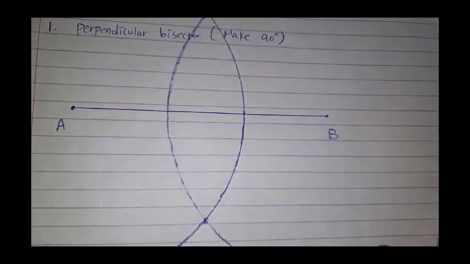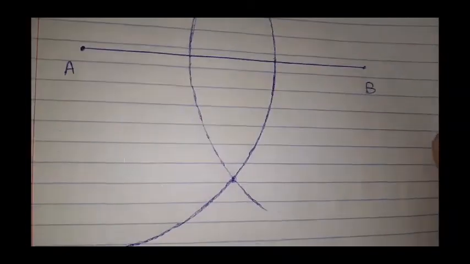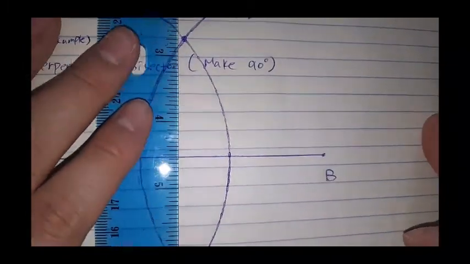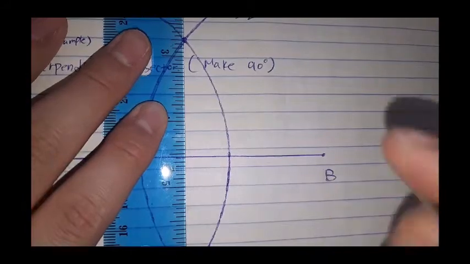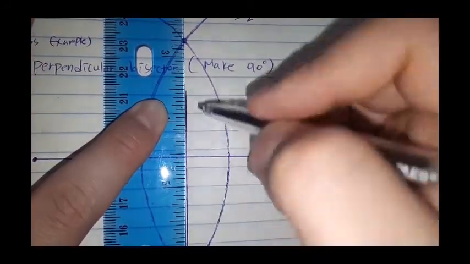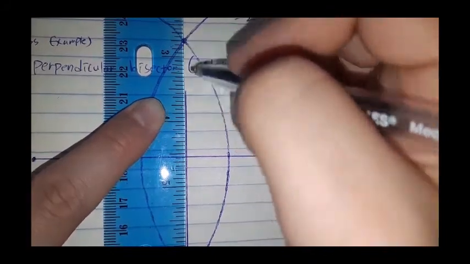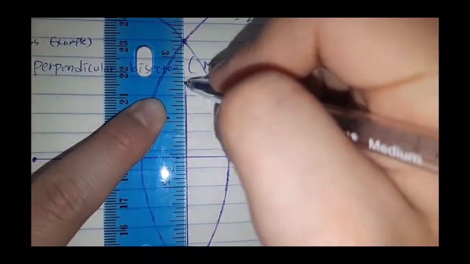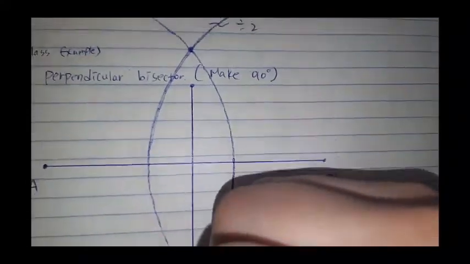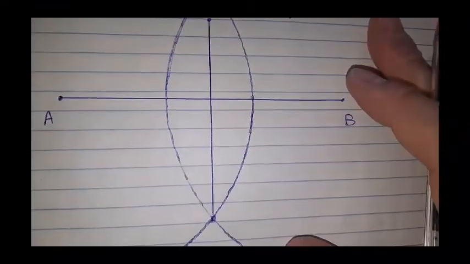Now what you need to do is connect those points together using a ruler. As you may notice, it goes a little bit beyond my title, so I'm just gonna stop over here so that it doesn't interfere with our line.